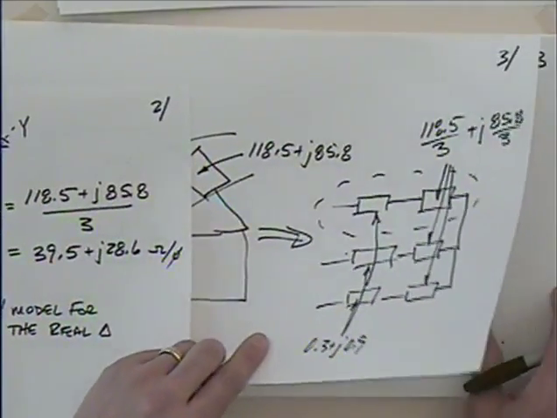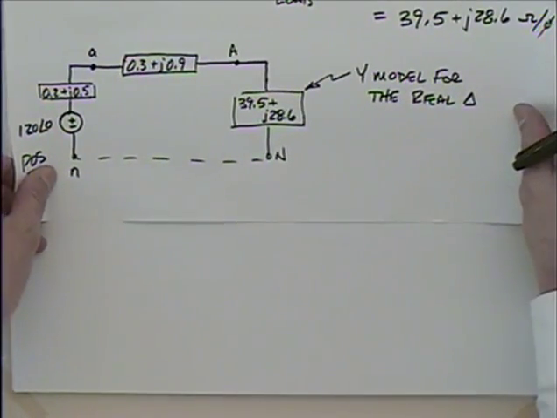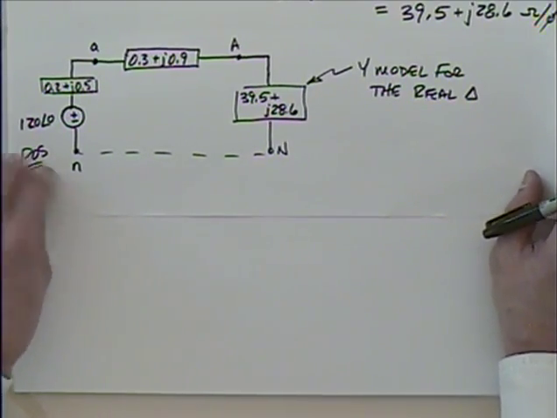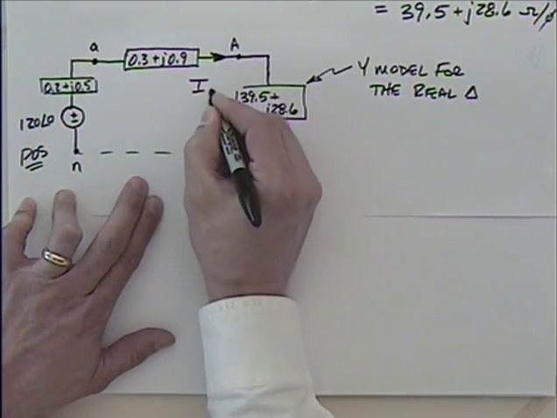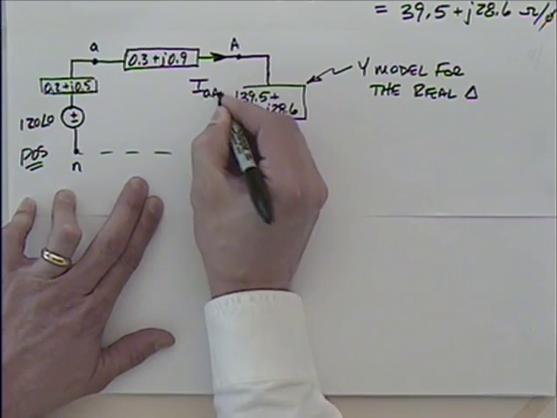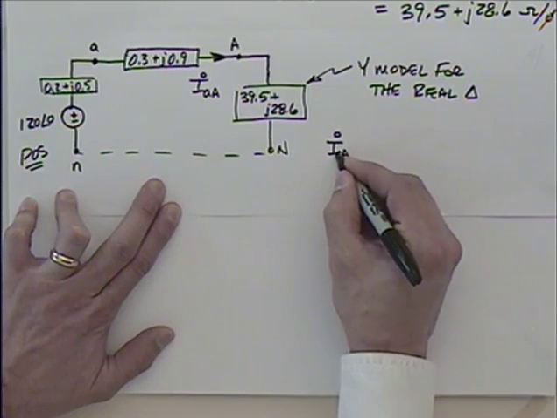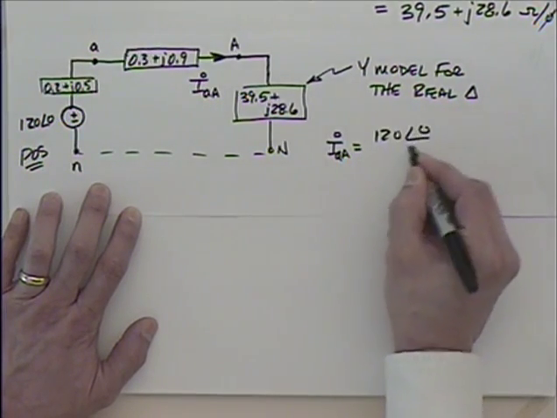So let's see where we are here. This must be page 3, and we're on to 4. So this is the circuit. I think I got enough room here. I'll stay on this page a little bit longer, and let me see if I can calculate this current. I'm going to call this I little a big A. So what's that going to be? Well, it's the voltage, 120 at 0, divided by the total impedance.